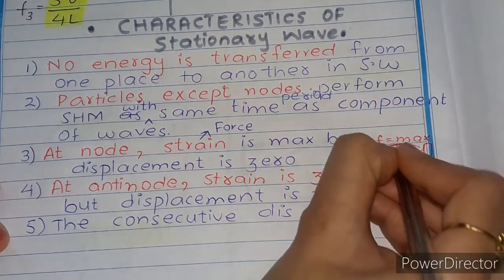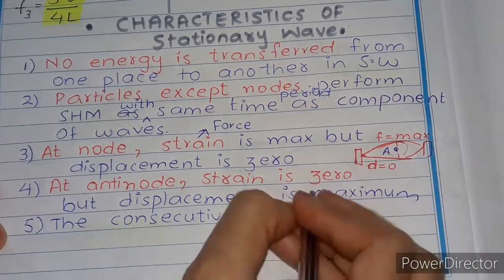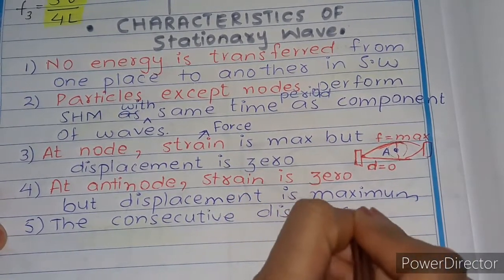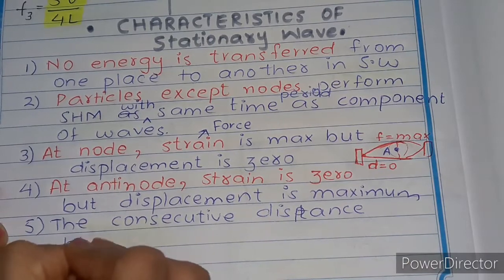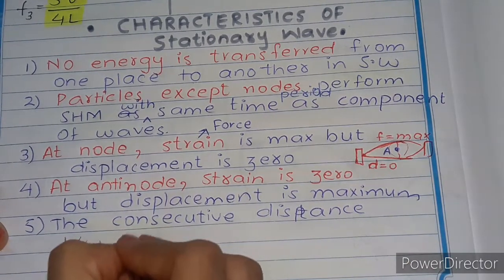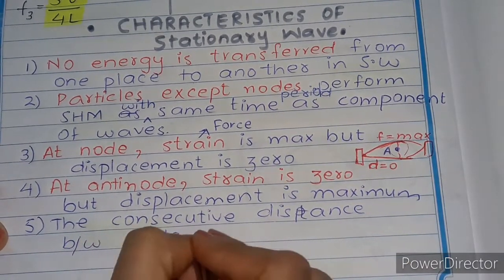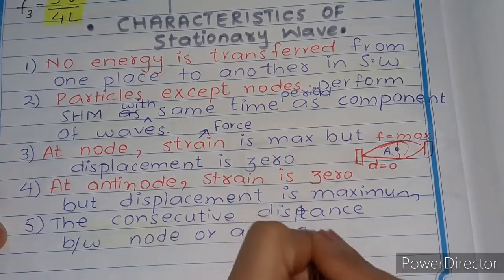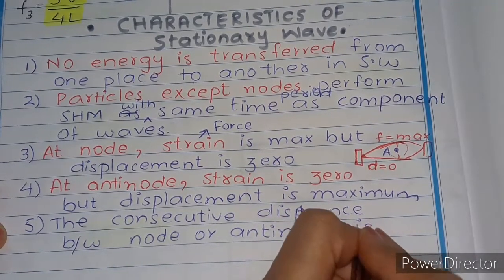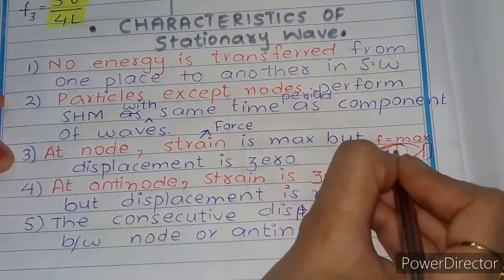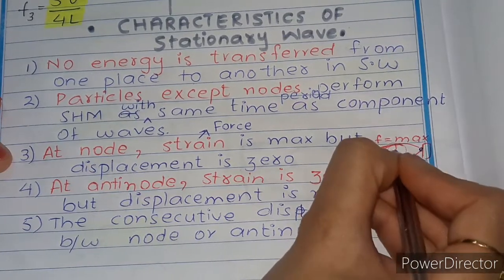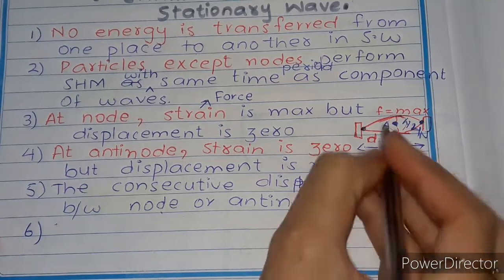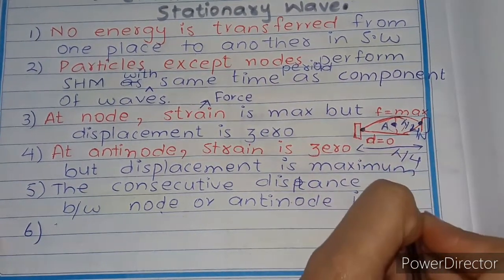This is an antinode represented by A. The distance between a node and an antinode is lambda by 4.